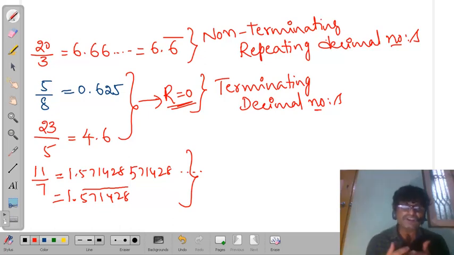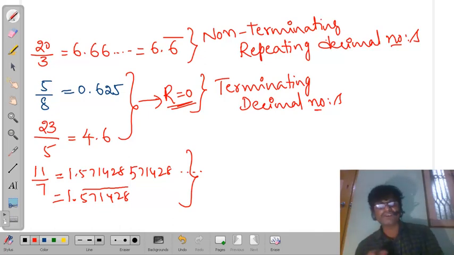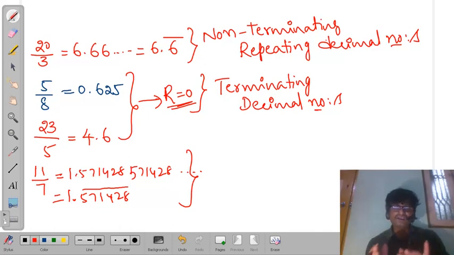All these are related to which ones? Rational numbers. If we have rational numbers, we can conclude one thing: rational numbers will be either in the form of terminating decimal numbers or in the form of non-terminating repeating decimal numbers. Now take the converse, meaning we go in reverse.